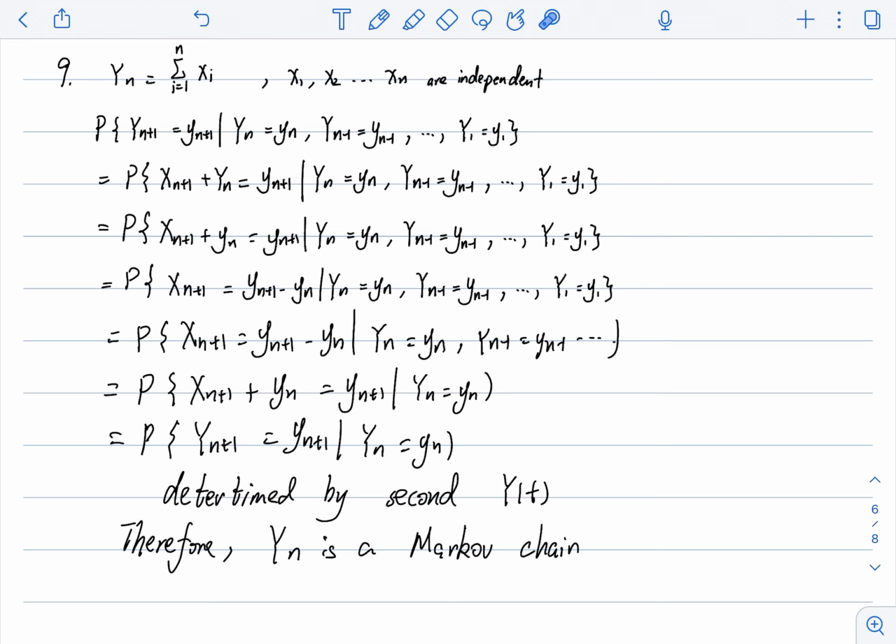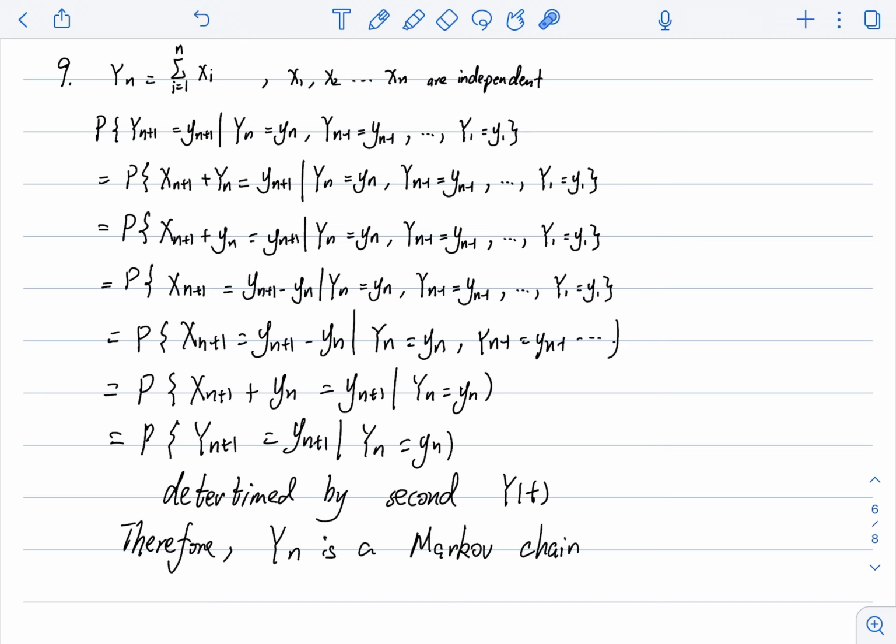And because Y(n+1) is the sum of the Xi from 1 to n+1, therefore Y(n+1) is equal to X(n+1) plus Yn, and it is equal to the probability of the value y(n+1) under the condition that Yn equals the value yn, Y(n-1) equals y(n-1), till Y1 equals y1.